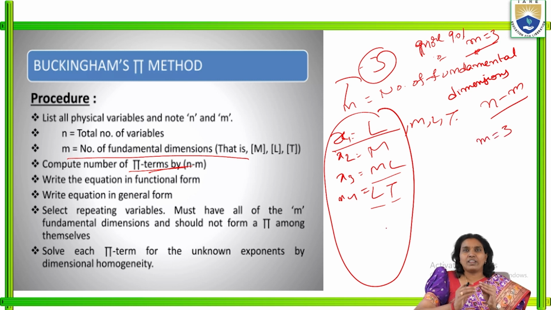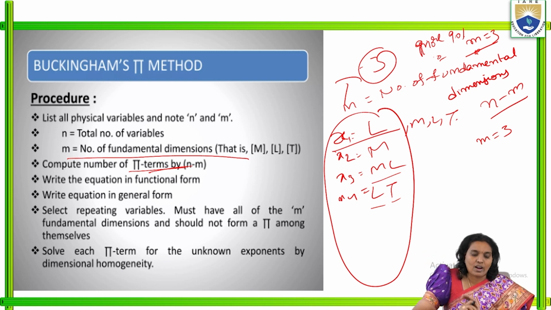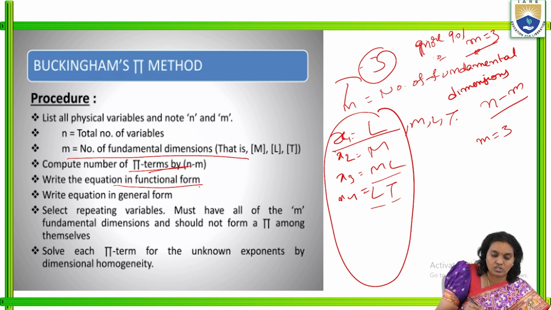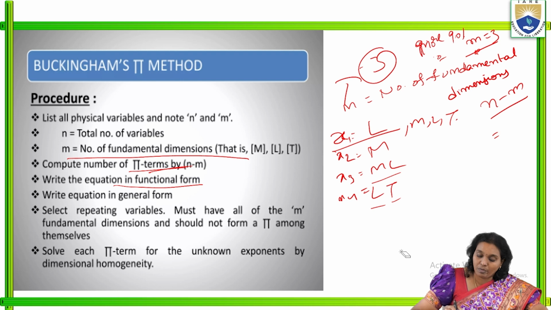In any way, not each variable contains M, L, T, it's not like that. In total variables, finally M, L, T is present or not. So like that we have to understand. Now write the function form, write the equation. Now the method of selection of repeating variables.